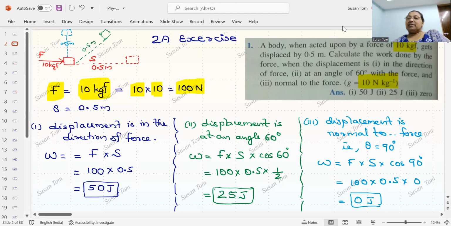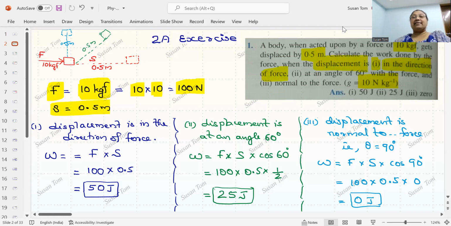Displacement: the question says the body gets displaced by 0.5 meter. That is the displacement. So F and S are given. You are asked to find the work done in 3 different ways. What are they? Question number 1 wants you to do it in the direction of the force, where the displacement is in the direction of the force.